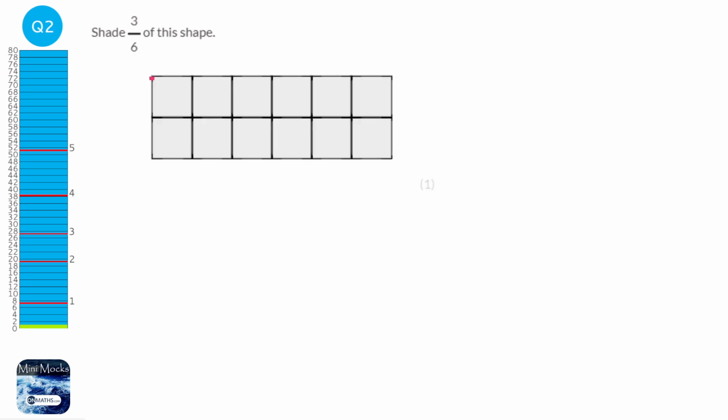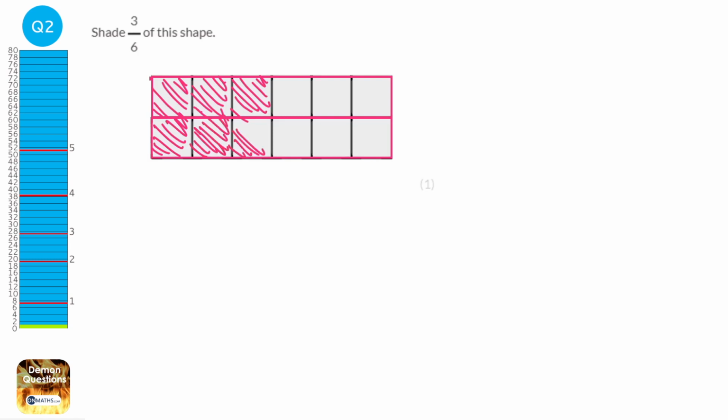If I split this shape into two sets of 6 blocks, when we're asked to shade in 3/6, for each set of blocks, I'm going to shade in 3 of the 6. So that's 3 for the first set, and this is 3 for the second set.